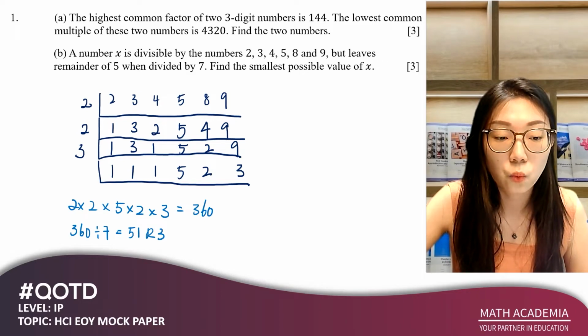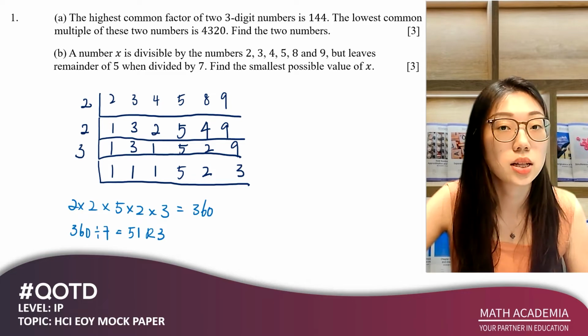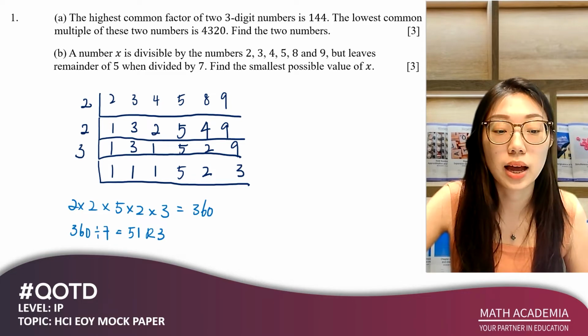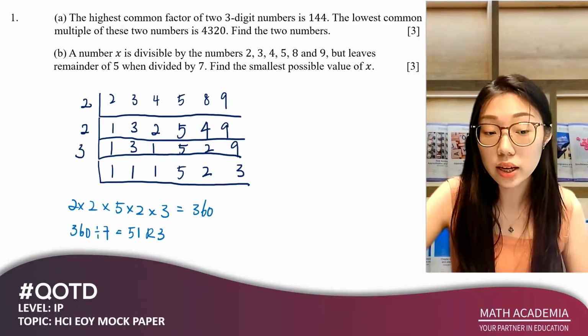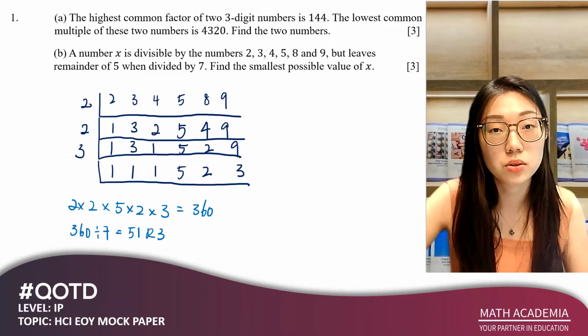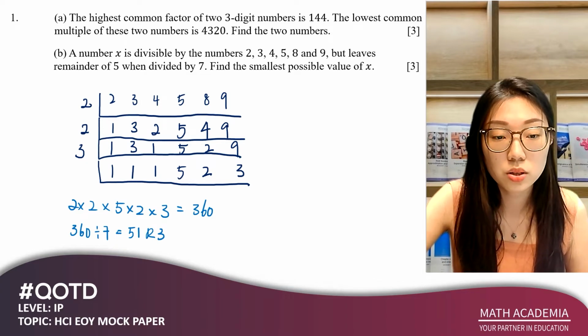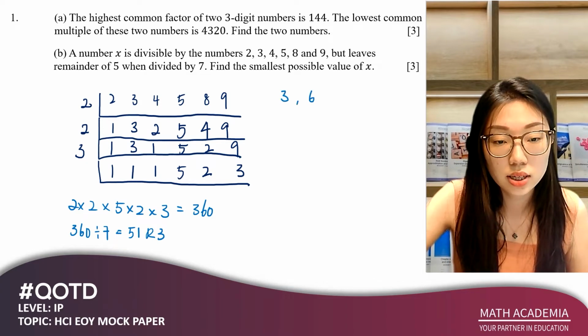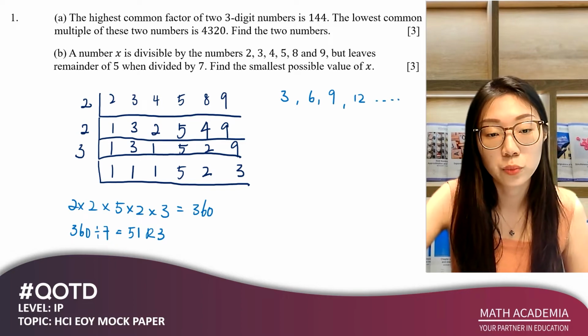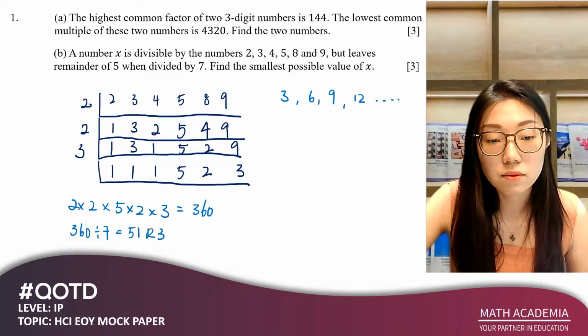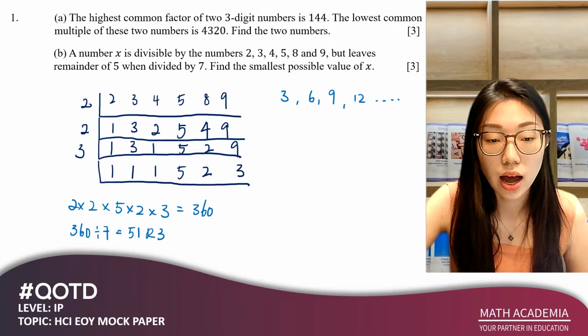When I multiply them by a certain number, I'm also multiplying the remainder, right? So next, we need to focus on the multiples of 3. Multiples of 3: 3, 6, 9, 12, and so on. When I divide 9 by 7, I have 1, remainder 2.